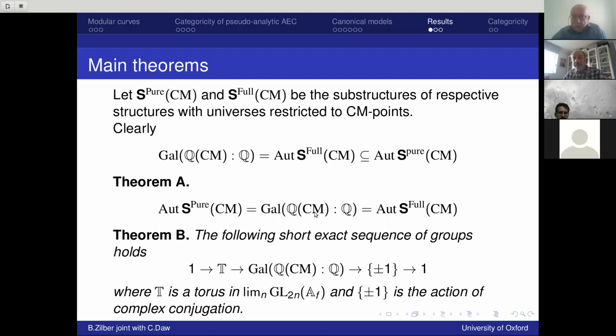That's the meaning. Now we can compare it with Serre's open image theorem. What Serre's open image theorem says is that if you consider torsion points on elliptic curves, right? So instead of CM points, you consider torsion points on a fixed elliptic curve. Serre's theorem says that what the Galois group picks here is that the only relations between them are linear relations.